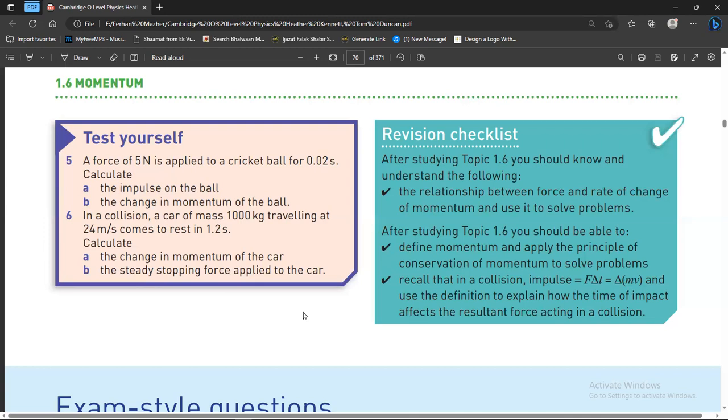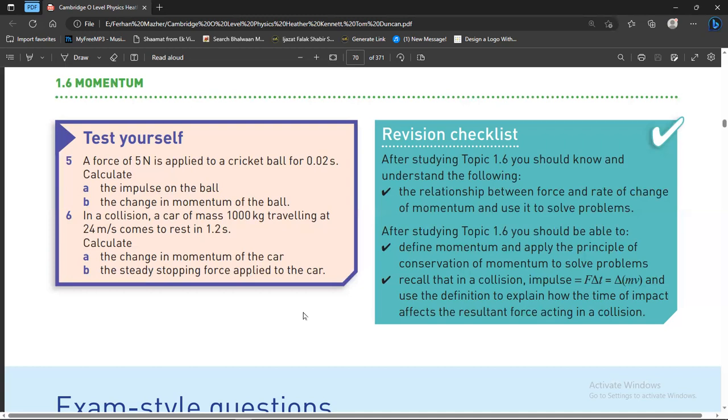So the revision checklist for this topic is, after studying topic 1.6, you should know and understand the following: the relationship between force and rate of change of momentum, and use it to solve problems. You should be able to define momentum and apply the principle of conservation of momentum to solve problems.